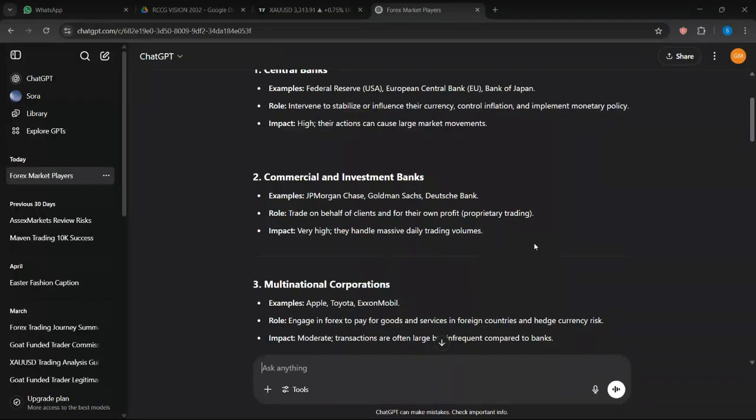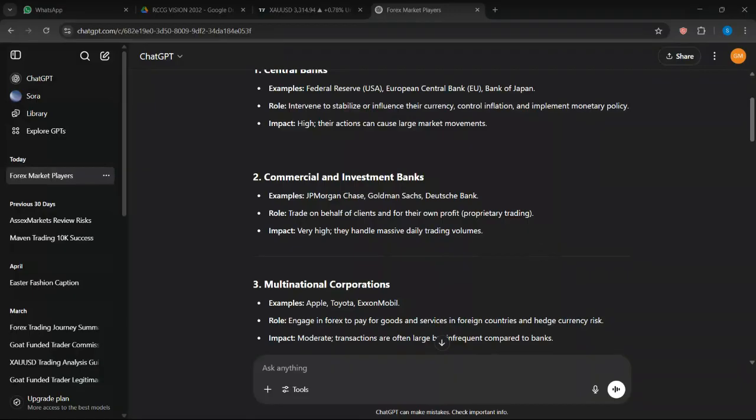It's easy for shark to prey on small fish. The same way these commercial and investment banks that have huge funds to command the direction of the market can easily see our stop loss, our take profit, and just pick it up and move in another direction.